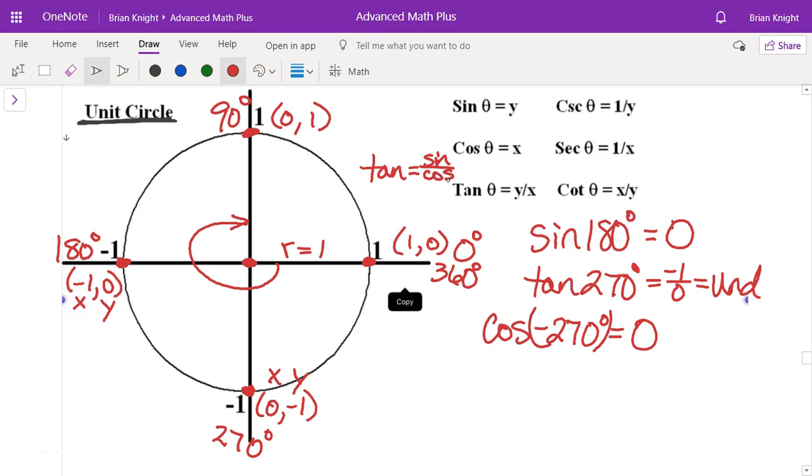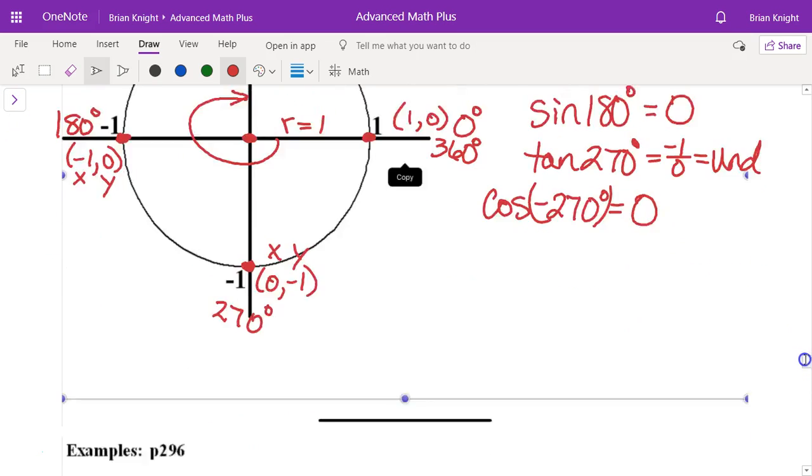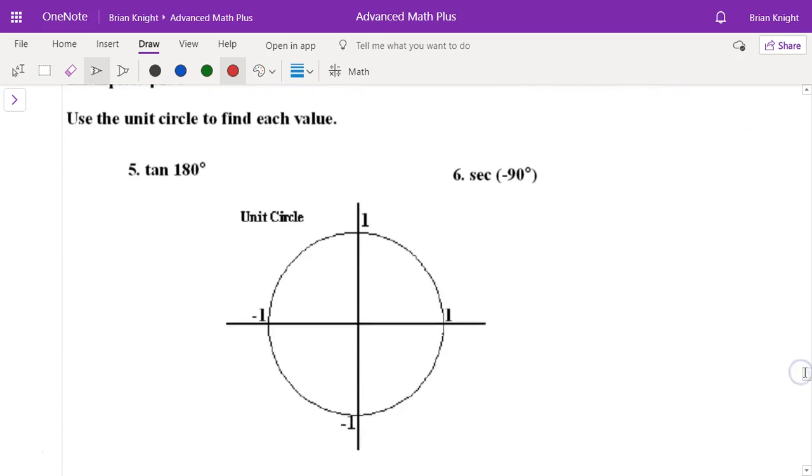All right, so let's scroll down and let's do some examples real quick. I have a unit circle there for you. Should everybody see that? It's on the back. So tangent of 180. Here is 180 degrees. What point would that be?